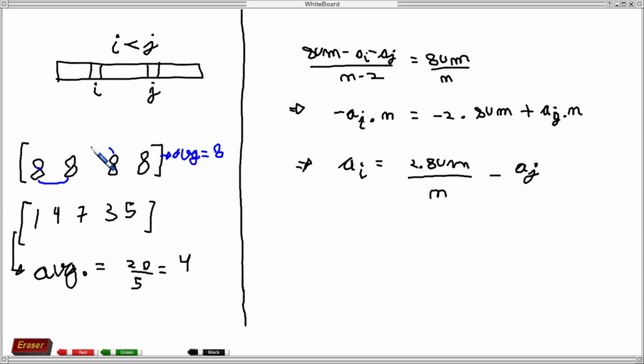This element is forming a pair with this element and this element. We get this as the first pair, this as the second pair, this as the third pair, and it can also pair with the previous three elements. So here we get 3 more pairs, and in total we get 6 such pairs.